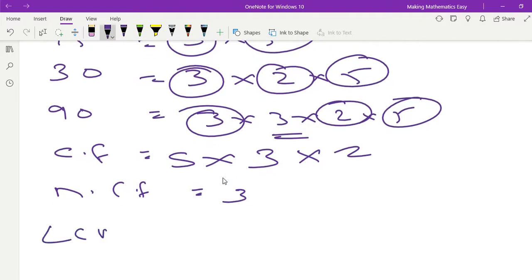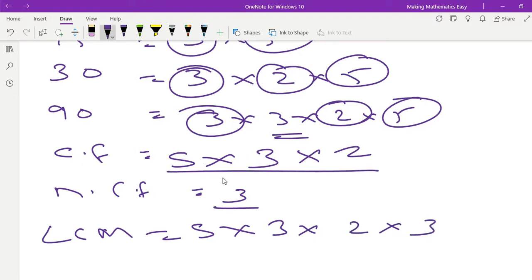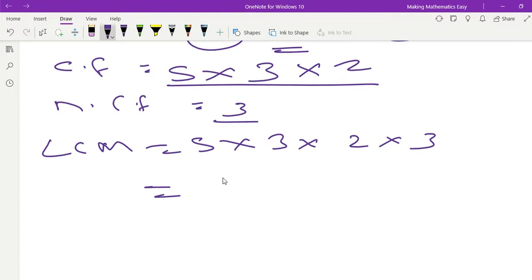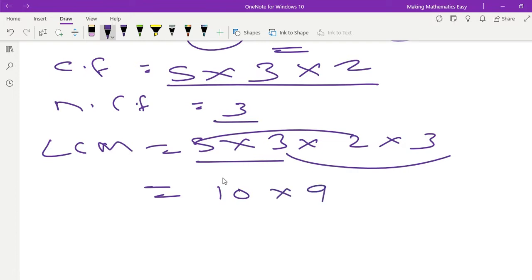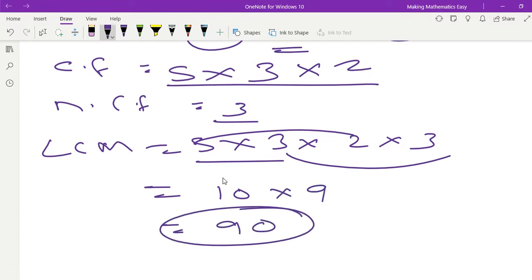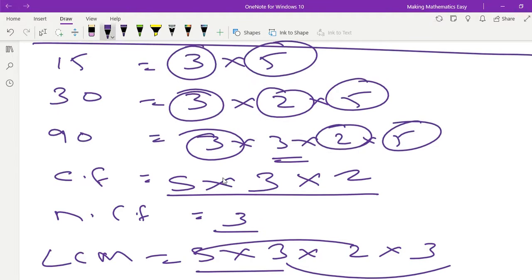Now what will be your LCM? So that will be 5 into 3 into 2 into 3, multiplication of this by this. So we can take it this way, 5 2s are 10, 3 3s are 9, so this is 90. So your LCM for this is 90.